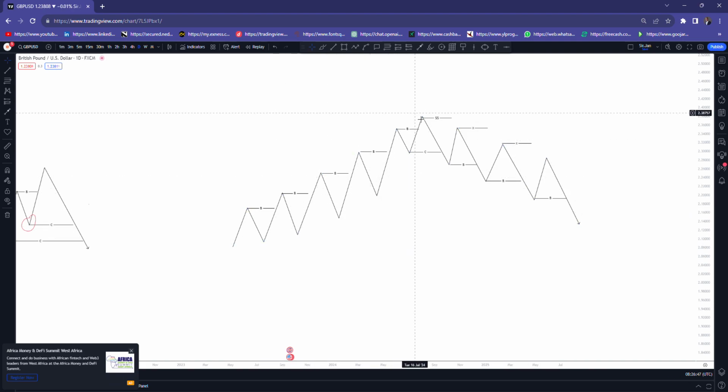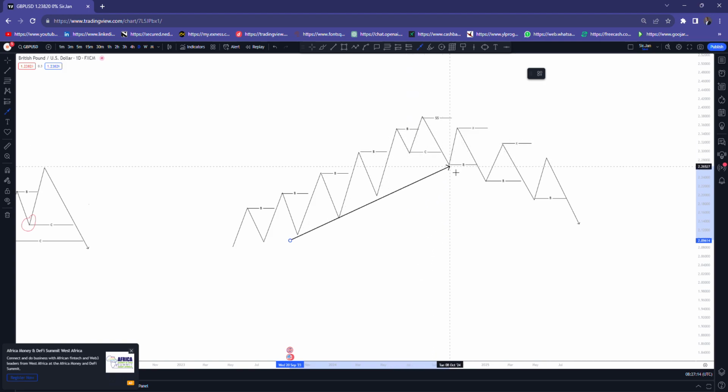So a bullish trend should not break lows. It should continue breaking highs. Break of structure to the upside. The moment it breaks a low, now meaning that the bullish movement is no longer there.